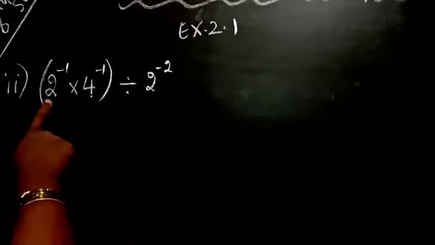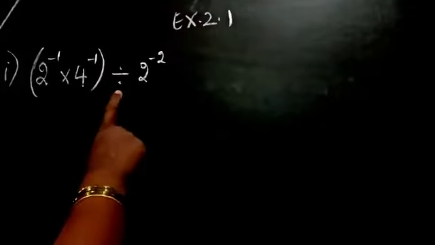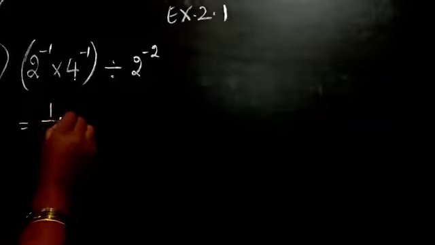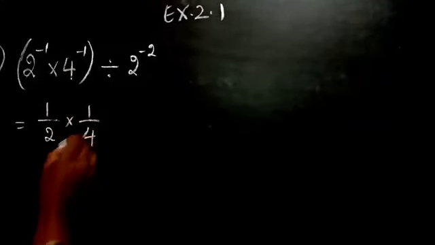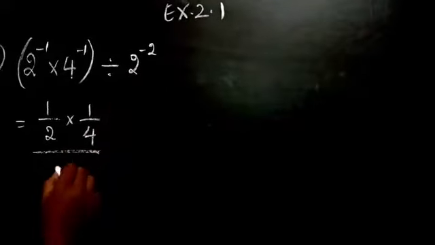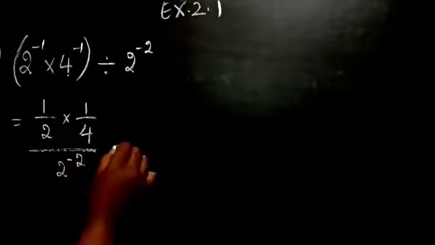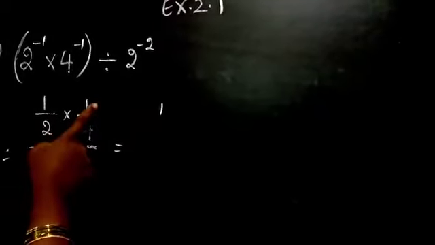Second one is 2 to the power of minus 1 into 4 to the power of minus 1, whole divided by 2 to the power of minus 2. Here this one we can write 1 divided by 2 into 1 by 4, the whole divided by 2 to the power of minus 2. So this can be written in numerator: 1 into 1 is 1.